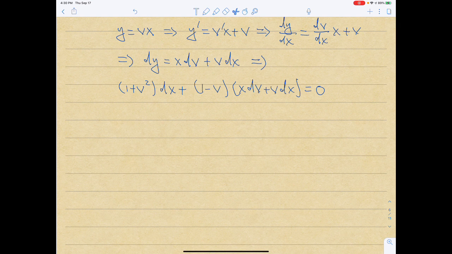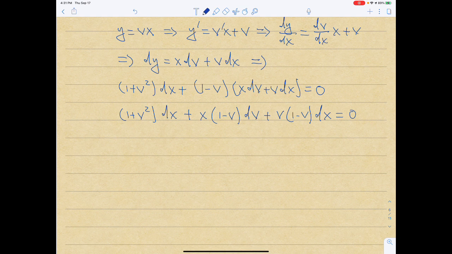It gives me (1 plus v squared) dx plus x times (1 minus v) dv, if I distribute 1 minus v, plus v times (1 minus v) dx, and the whole thing is equal to 0.